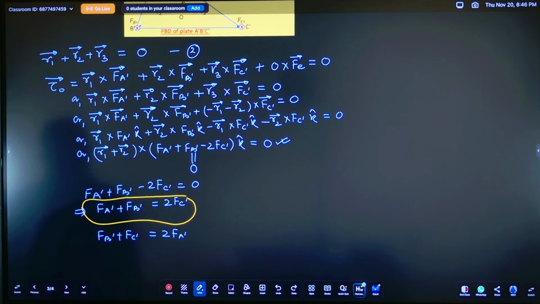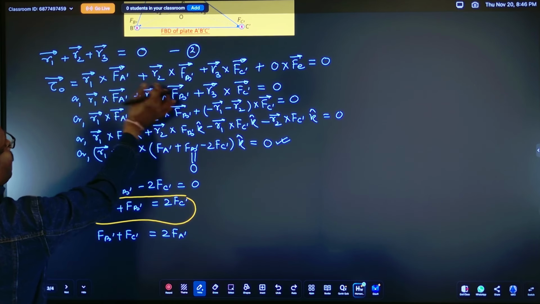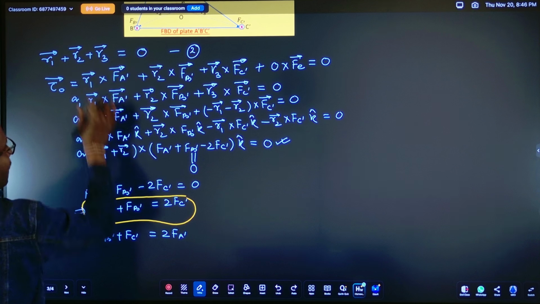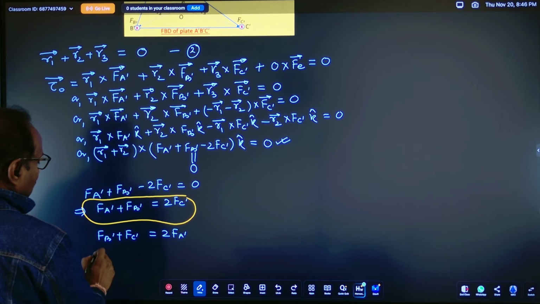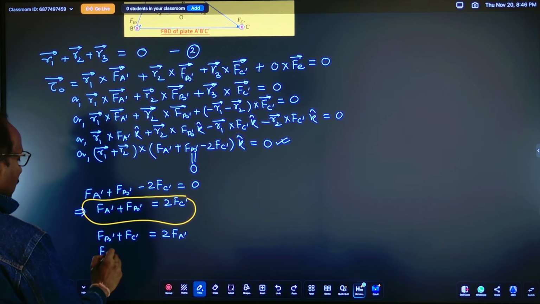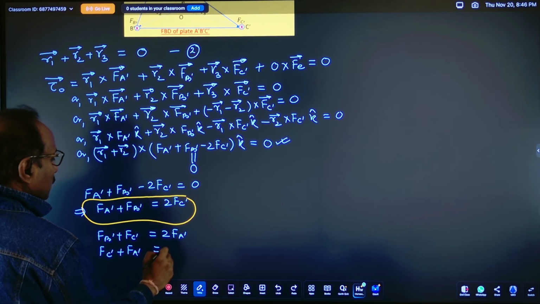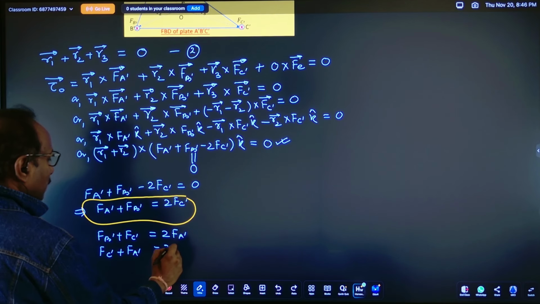This is the second equation. You can do it by yourself, putting R2 in terms of R1 and R3. Then Fc prime plus Fa prime as 2Fb prime.